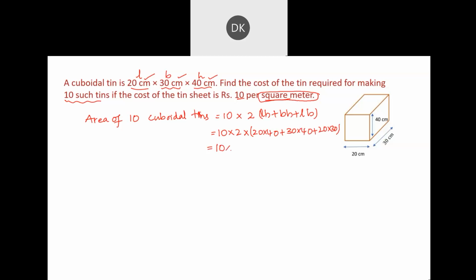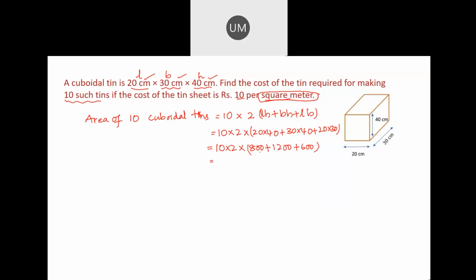10 into 2 multiplied 2. What will be this? 800 plus 1200 plus 600.